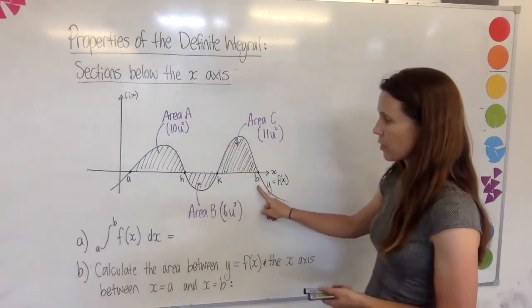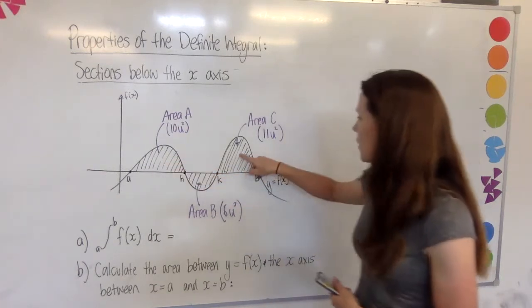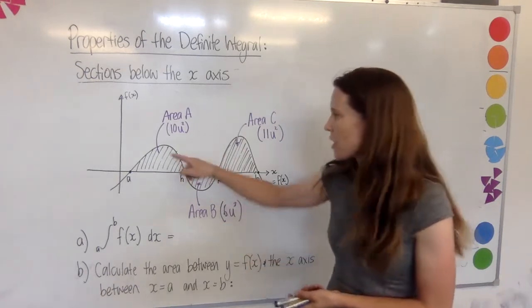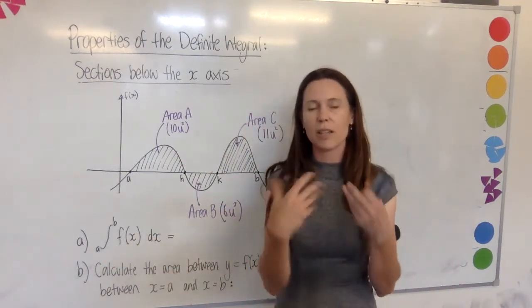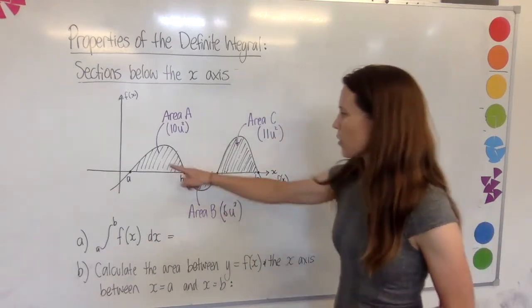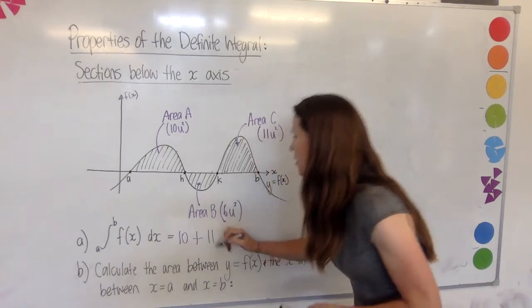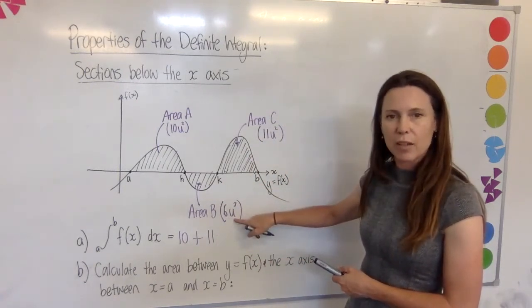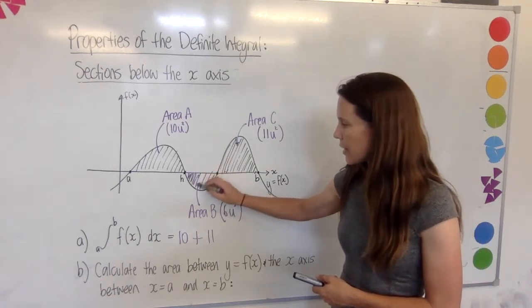So you say, all right, this section is 10. This section is 11. Not 10 units squared and 11 units squared, it's just 10 and 11, because a definite integral doesn't have units, it just has a value as a number. So we've got 10, we've got 11, and this one down here, if it's got an area of 6 units squared, we know that 6 must be involved, but it's also below the x-axis.